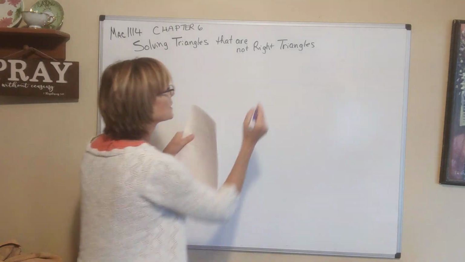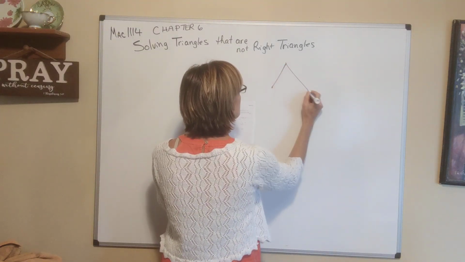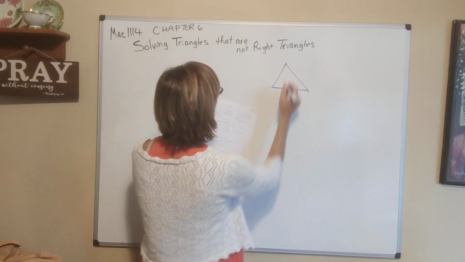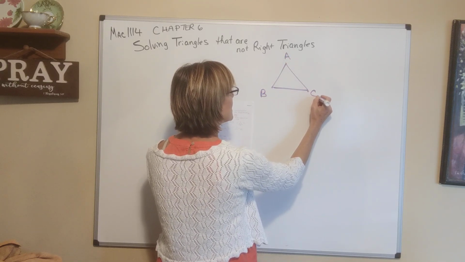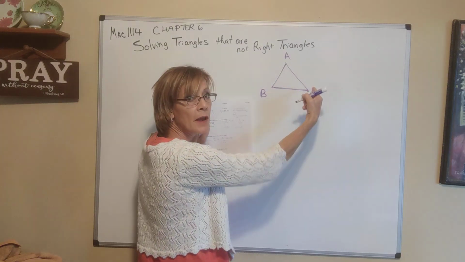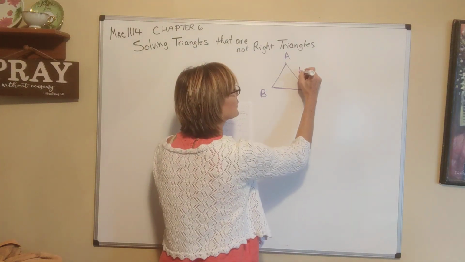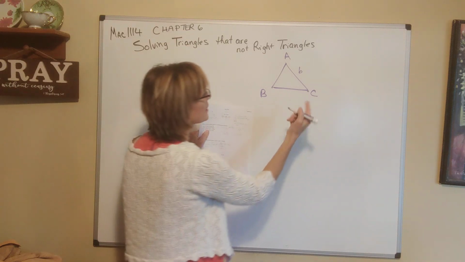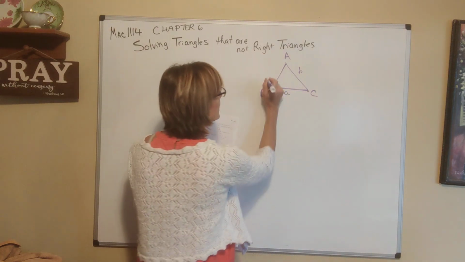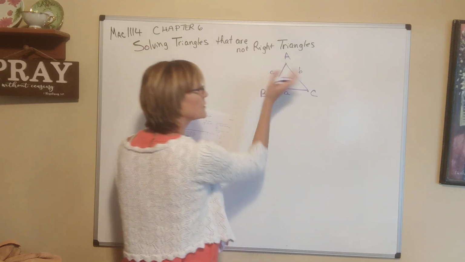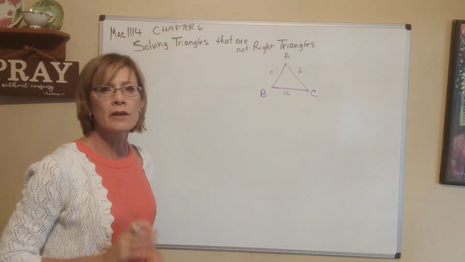In general, this is the generic triangle I will use. I will label this A, this B, this C. Across from angle B will be little b, indicating the length of that side. Across from angle A will be little a, and little c will go across from C. So this is the generic triangle I'll be drawing every time.